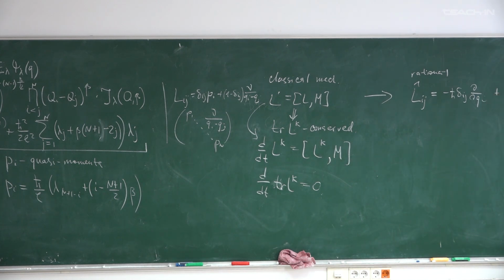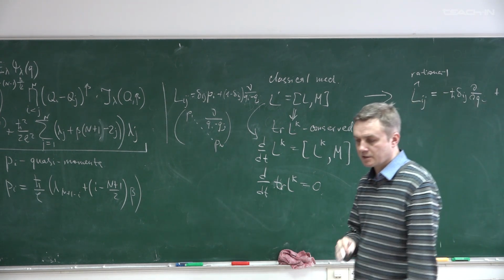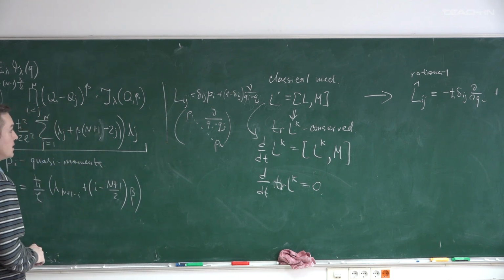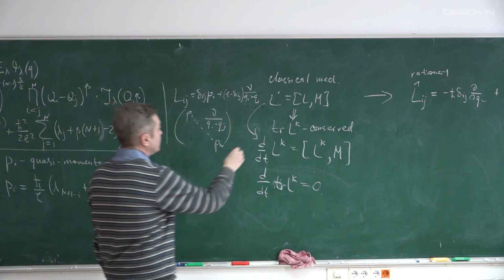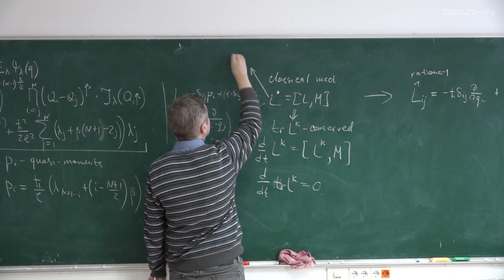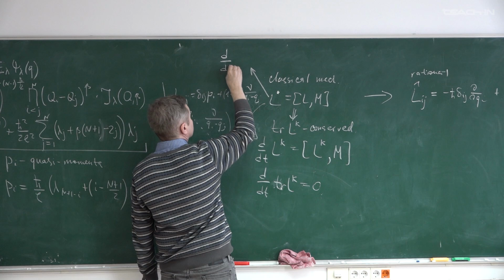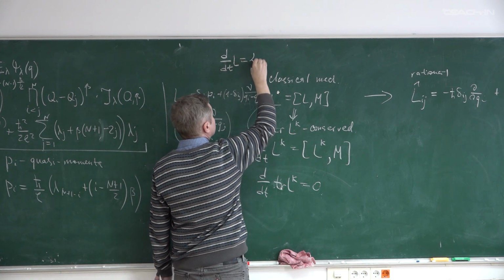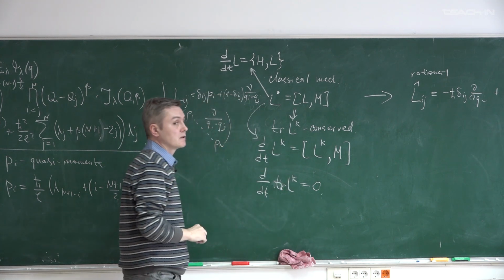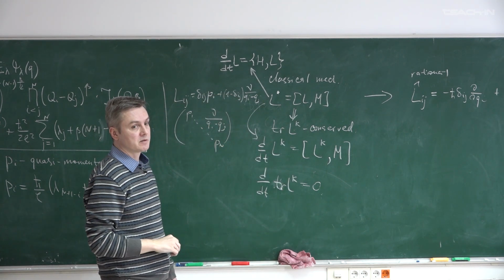And it appears that the Lax equation still works at the quantum level in the following sense. This L dot is a Poisson bracket of the Hamiltonian with the Lax matrix.